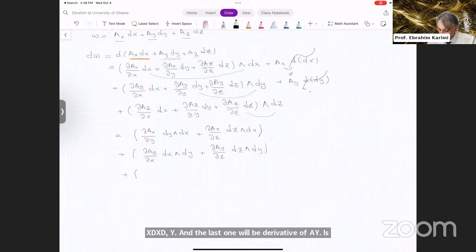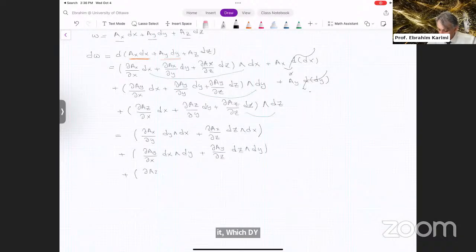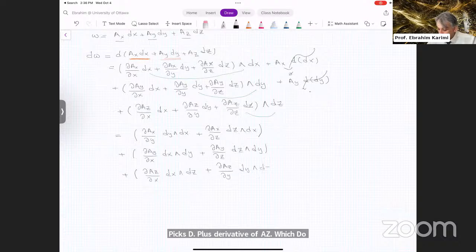And finally, you will get the derivative of Az with respect to x dx wedge dz plus the derivative of Az with respect to y dy wedge dz.